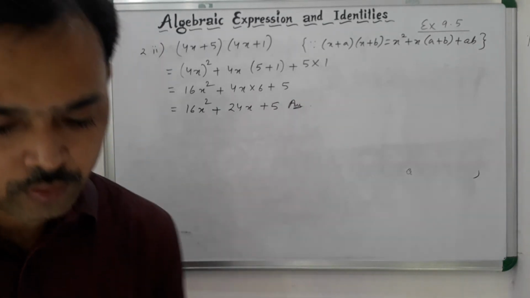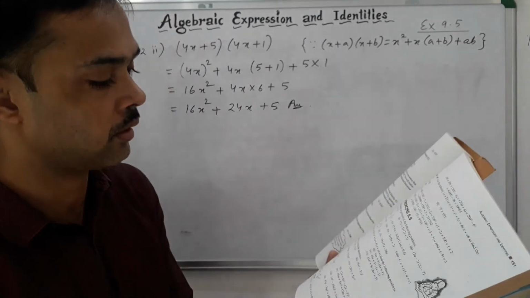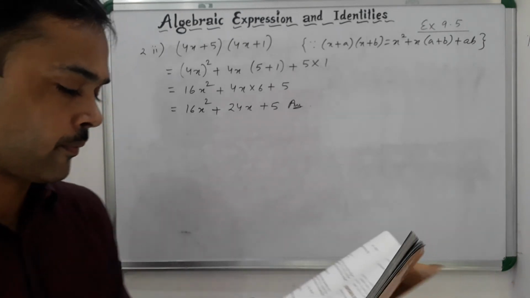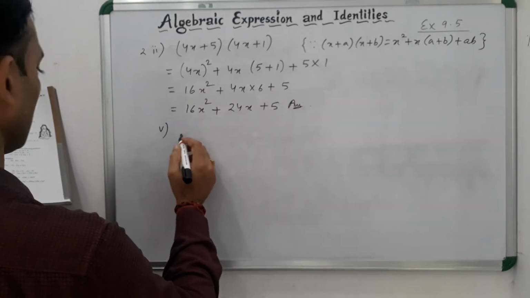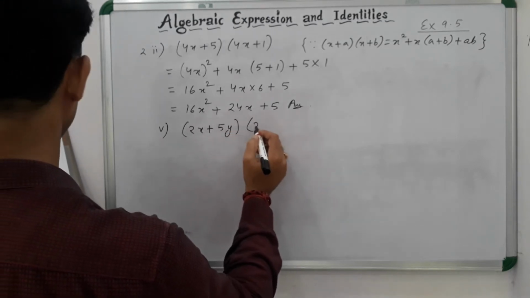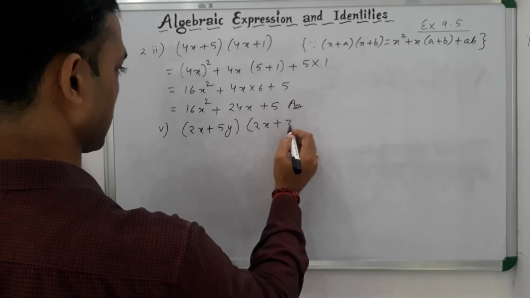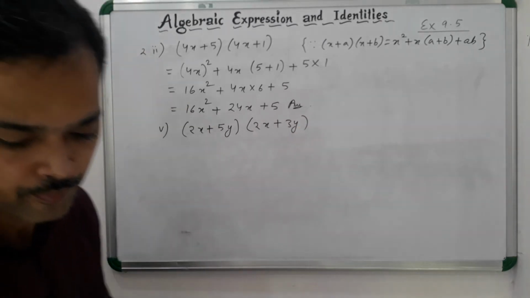Okay. Now after this, let us now do the fifth part. In fifth part, the question is 2x plus 5y into 2x plus 3y. Okay, this is our question.